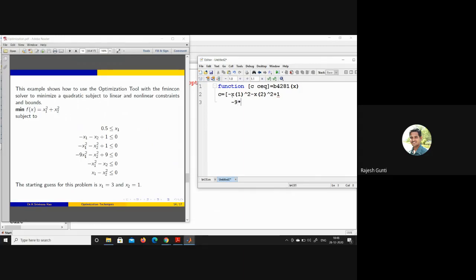Minus 9 x1 square minus x2 square plus 9, minus x1 square minus x2, square minus x2, x1 minus x2.